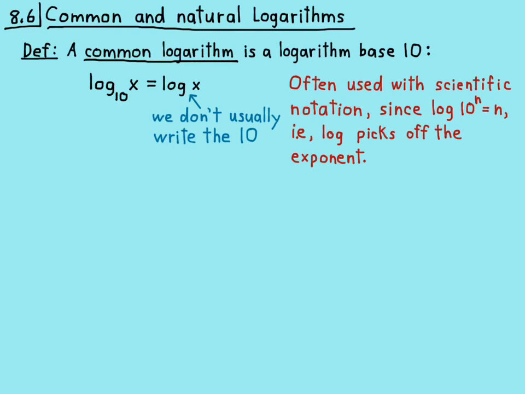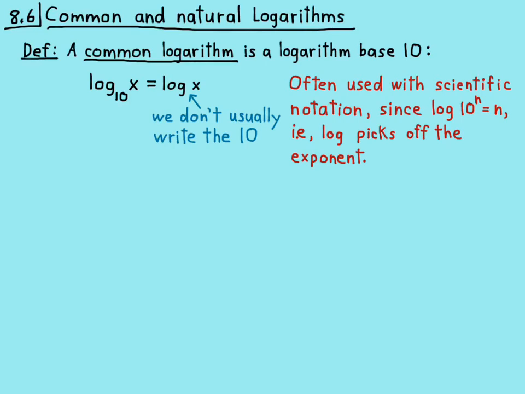So if you take the log of that, you get the log of the number between 1 and 10 plus the exponent. So it's going to be approximately the exponent. Okay, a little bit more than the exponent. So if the exponent's like 5, it's going to be 5 point something.